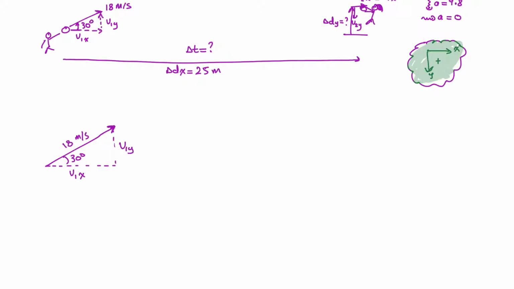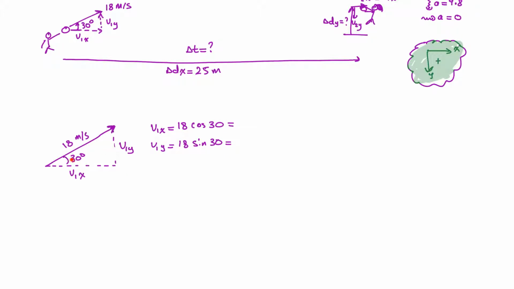v1x is adjacent to my angle. So v1x, using SOHCAHTOA, will end up being the hypotenuse multiplied by the cosine of 30. And v1y will equal 18 times the sine of 30, just because it's opposite to my angle.